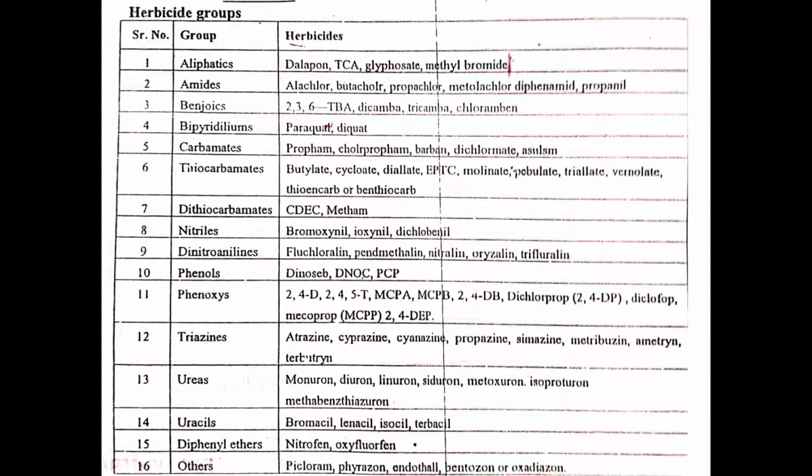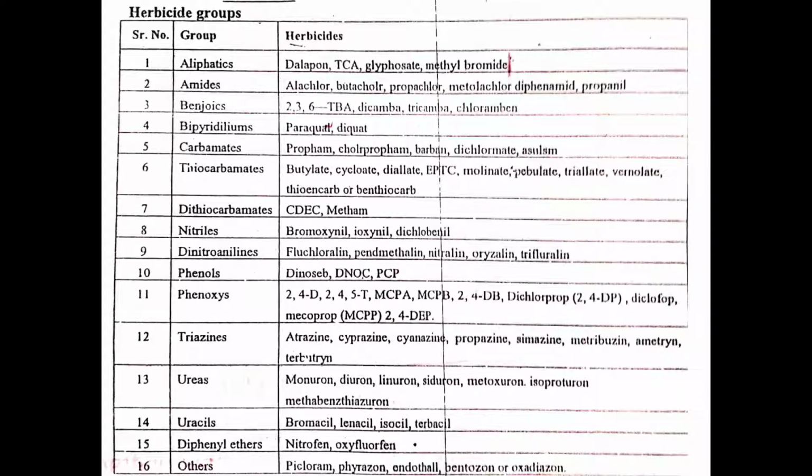You can see the herbicide groups and examples. The first group is the aliphatics, and aliphatics group herbicides are dalapon, TCA, glyphosate and methyl bromide. Then the second group is the amides. Amide group herbicides are alachlor, butachlor, propachlor, metolachlor, diphenamid and propanil.